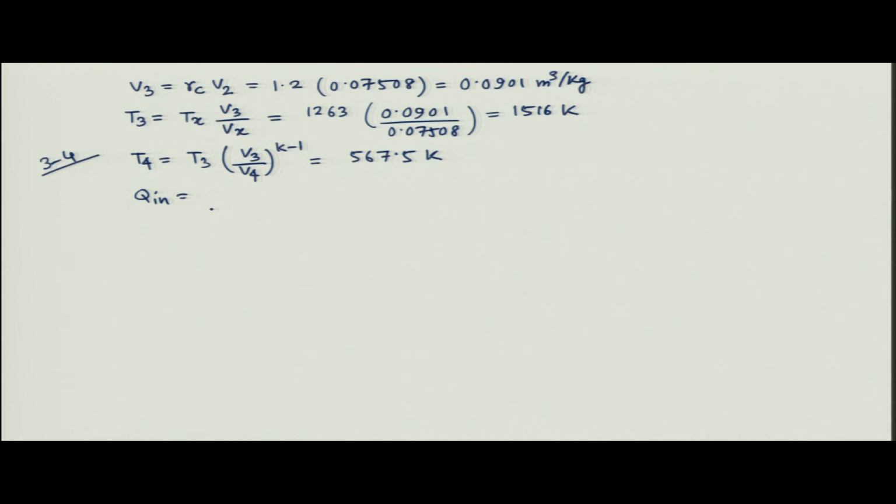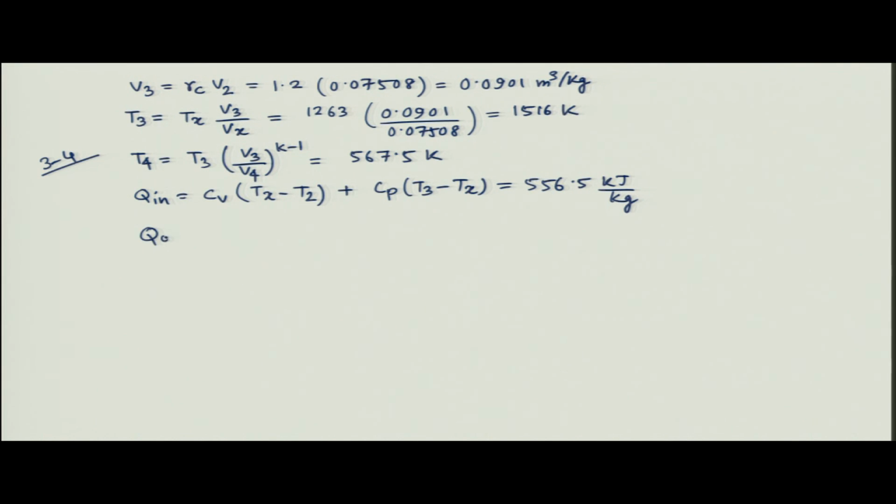Q in is the amount of heat supplied during this process, which is Cv times Tx minus T2, the constant volume heat addition, plus Cp times T3 minus Tx. Okay. So, if you substitute the numbers you will get 556.5 kilojoule per kg. I am not writing these numbers again and again.